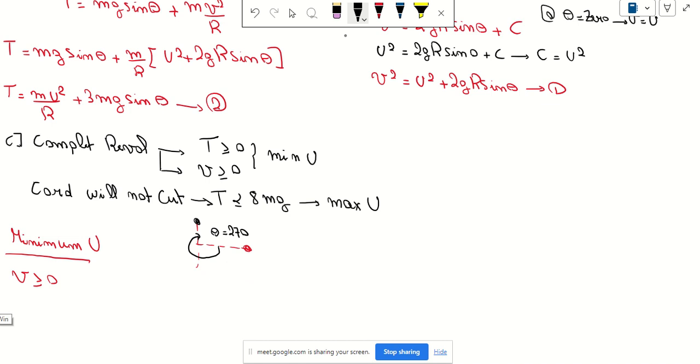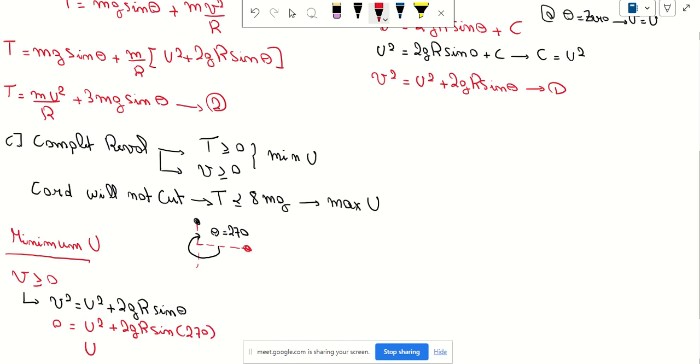For this one, you will find that v squared is equal again to u squared plus 2gr sine theta. Just substitute. You will find that 0, because we are looking for 0, is equal to u squared plus 2gr sine 270.